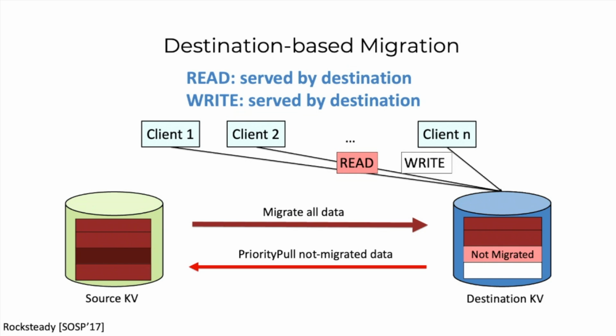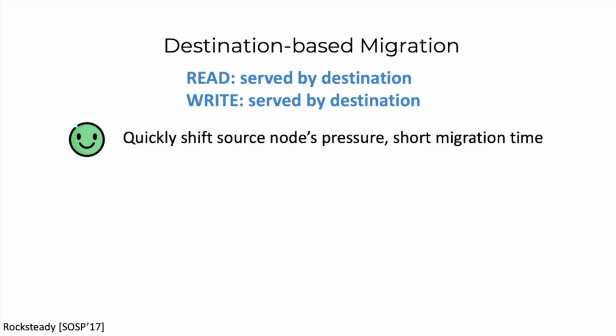This leverages the data skewness so that the more likely accessed data is migrated to the destination earlier. It can quickly shift the source node's pressure, so it has a shorter migration time.